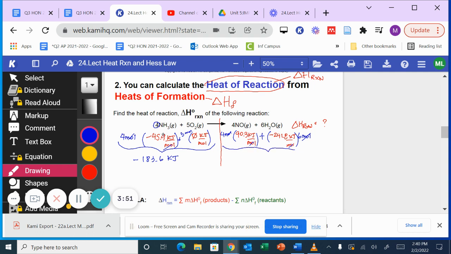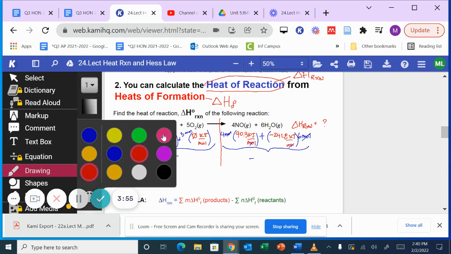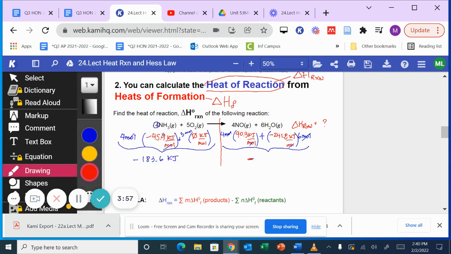When I add those together, it's going to be negative 1089.8 kilojoules. The moles cancel, as you can see. So it took this much energy to form the reactants, and this much energy to form the products.